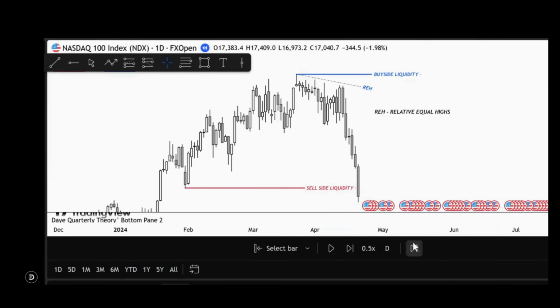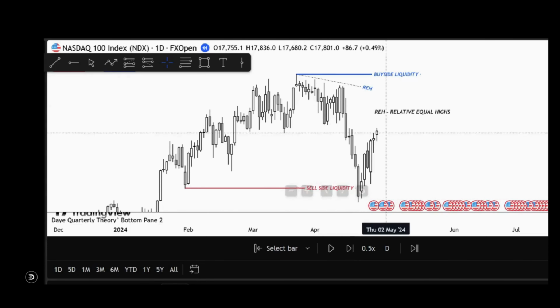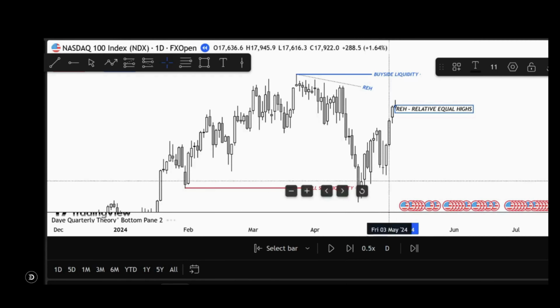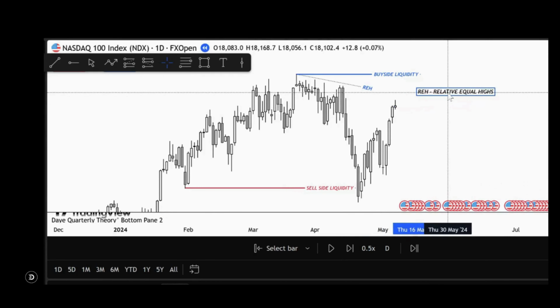This is what happens in the market every single time. The market is seeking to do two things all the time: to take out buy side and sell side liquidities resting above old highs and below old lows, and to fill up gaps. That is all the market does every day.